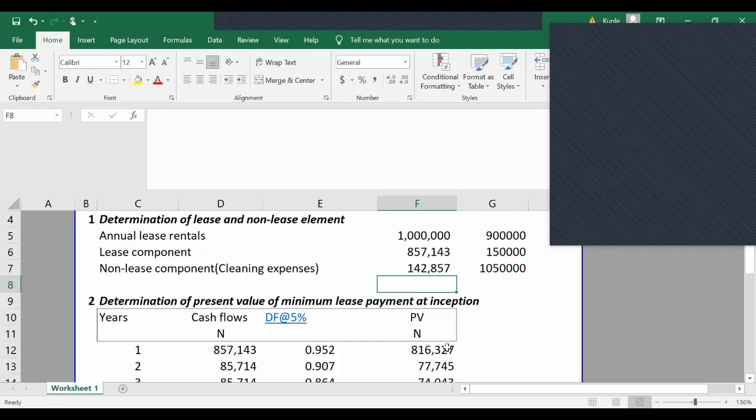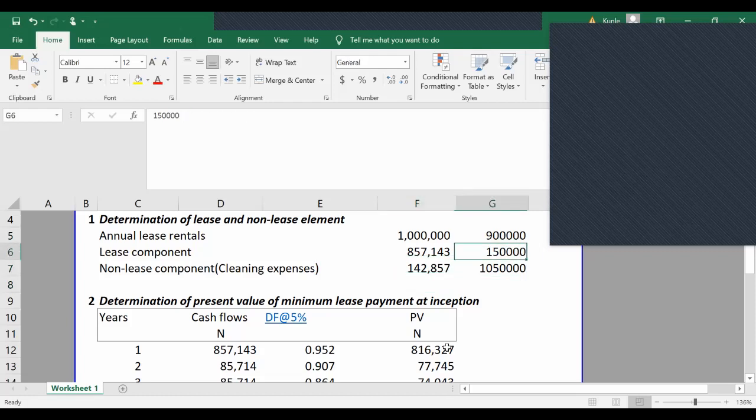The lease component is 900,000 naira, and the non-lease component is 150,000 naira. When we added that together, the total is 1,050,000.